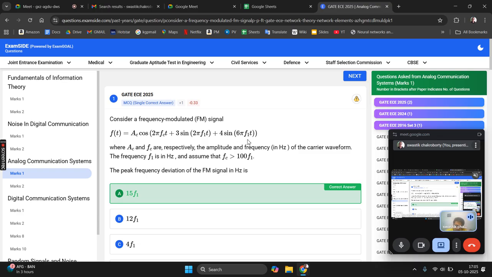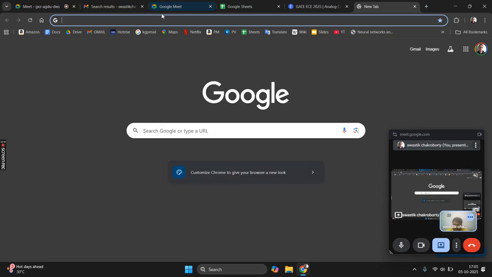Along with that there are two message tones, not signals, two message tones. One is 3 sin 2 pi f1 t and another is 4 sin 6 pi f1 t. Let us assume that fc is greater than 100 f1. What is the peak frequency deviation? So we will start with this.